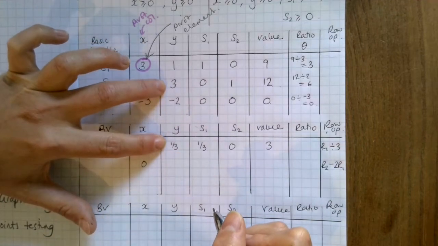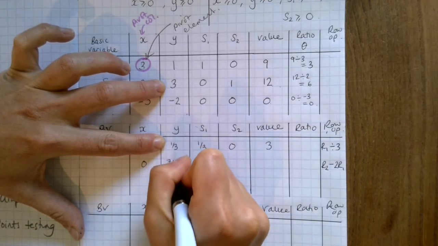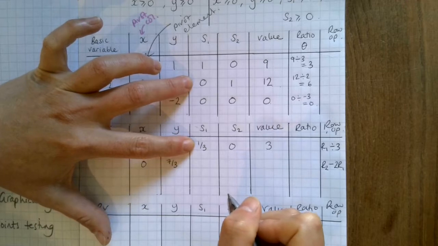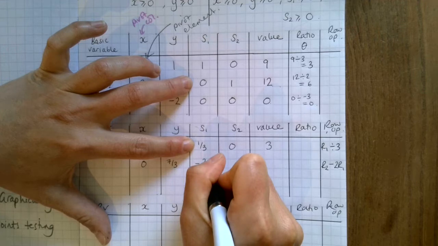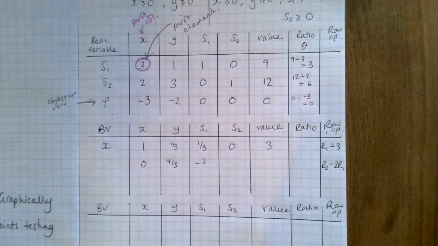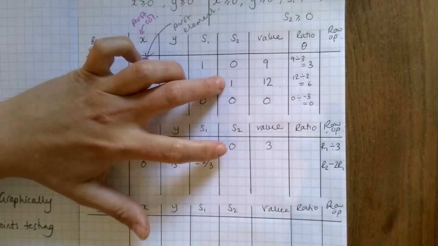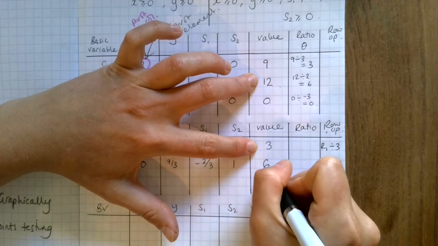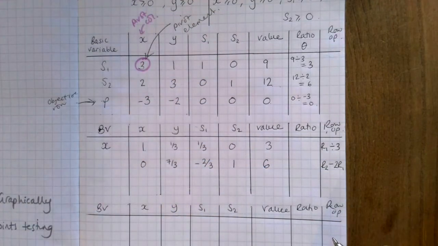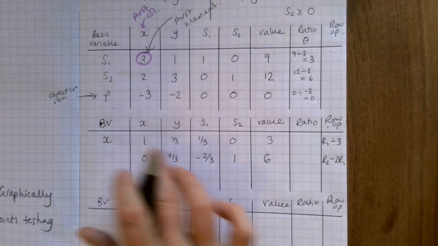That take away 2 lots of that is 7/3. That take away 2 lots of that is -2/3. That take away 2 lots of that is 1. That take away 2 lots of that is 6. Okay, so that row is done.